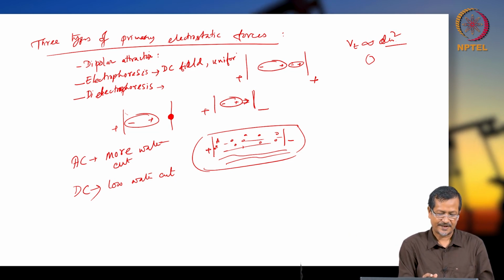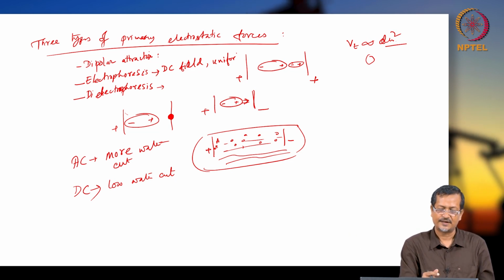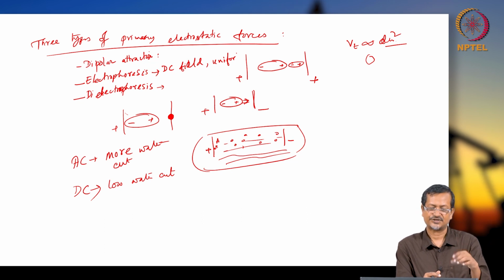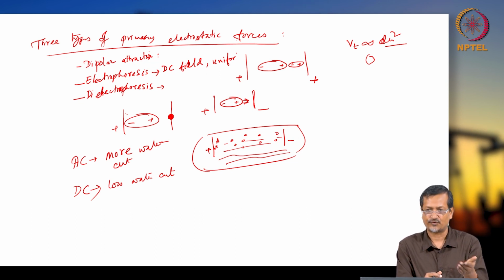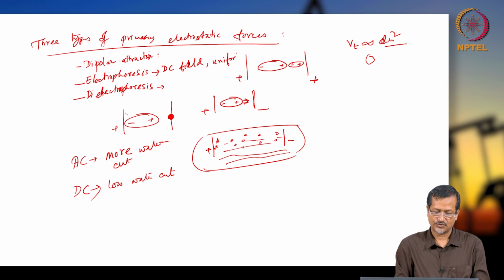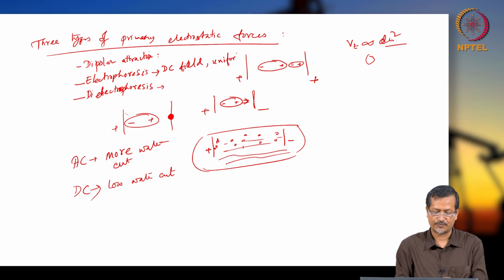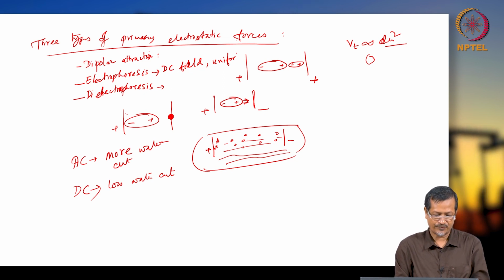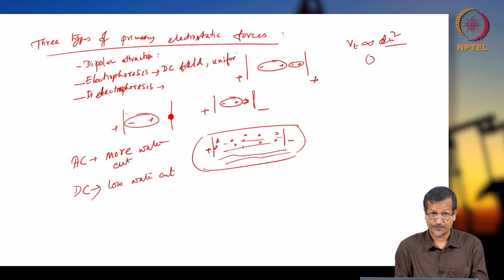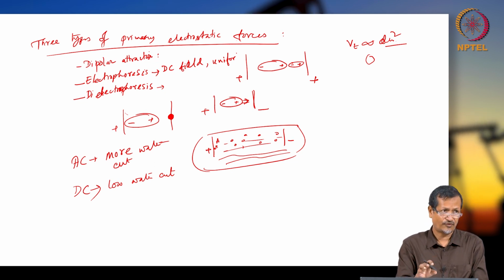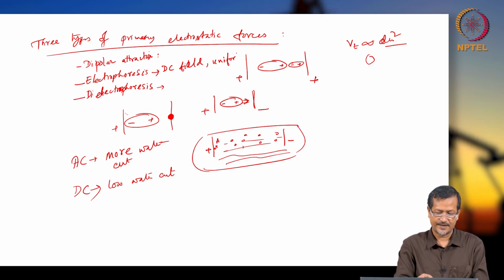But dielectrophoresis is actually the weakest one. You are trying to mix both dipole attraction and electrophoresis. The weakest of the three electrostatic forces is approximately half the strength of the dipole attraction force. Polarized water droplets move in a non-uniform electrostatic field that you create, and then you separate.